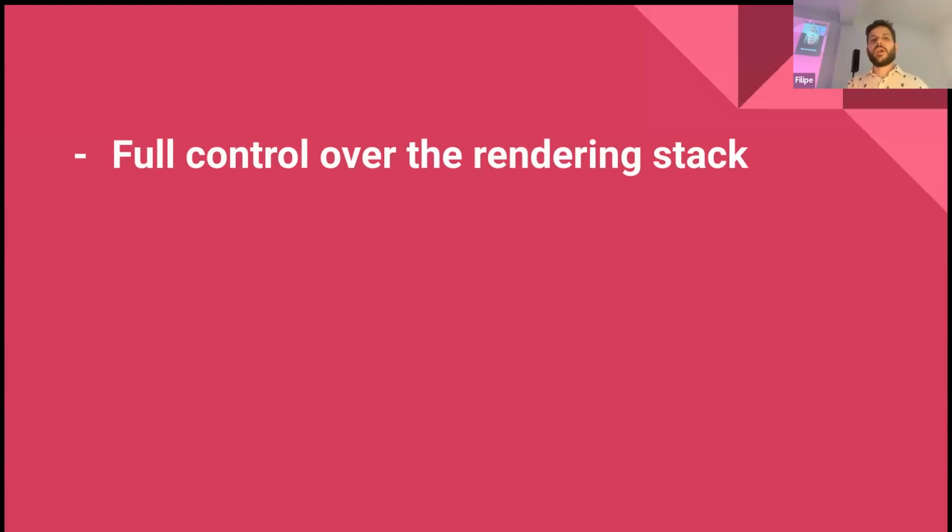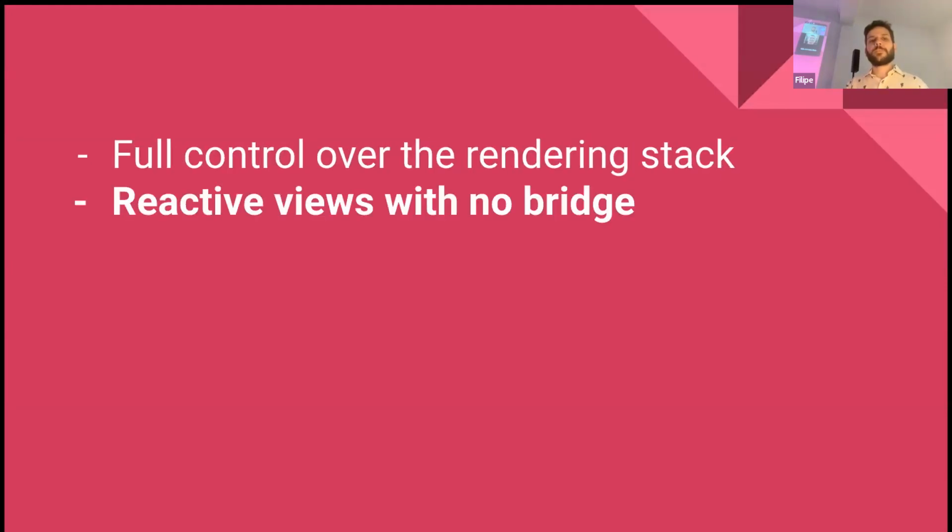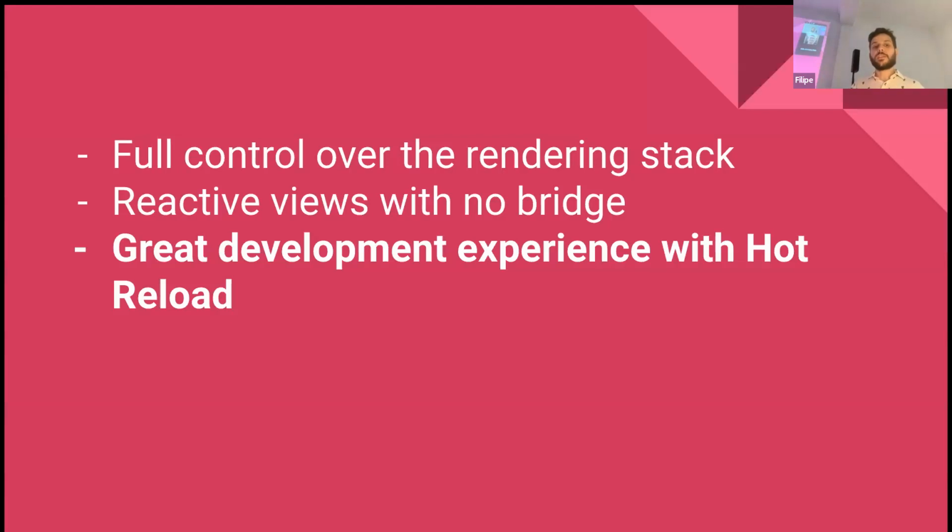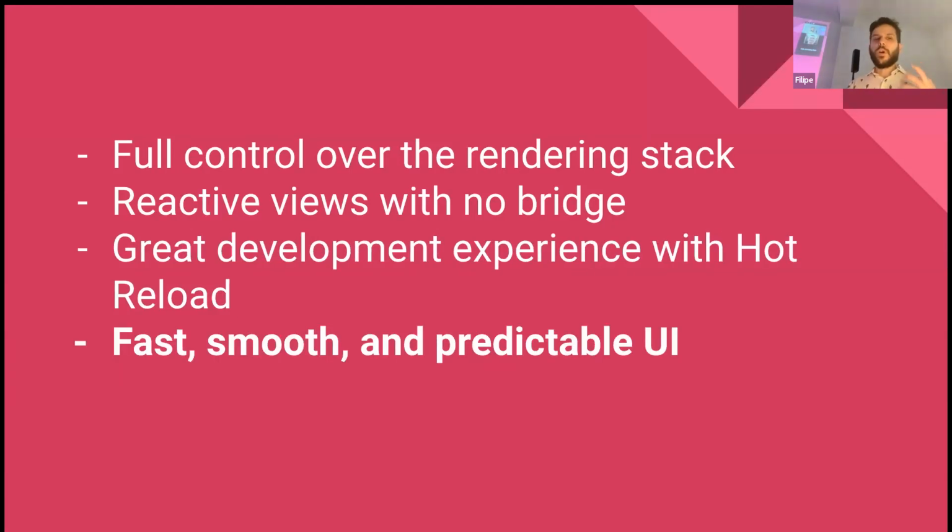So just to reiterate, with Flutter we have full control of the rendering stack. We have reactive, declarative views, without any bridge, so everything is drawn on screen. It really has a great development experience with hot reload, and it's a fast, smooth, and predictable UI.